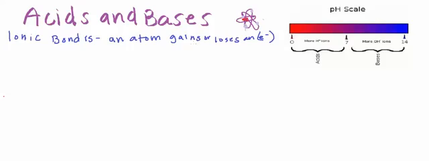You're going to have protons, neutrons, and electrons. A proton is a positively charged particle. A neutron is in between, so it's neutral. And an electron has a negative charge.